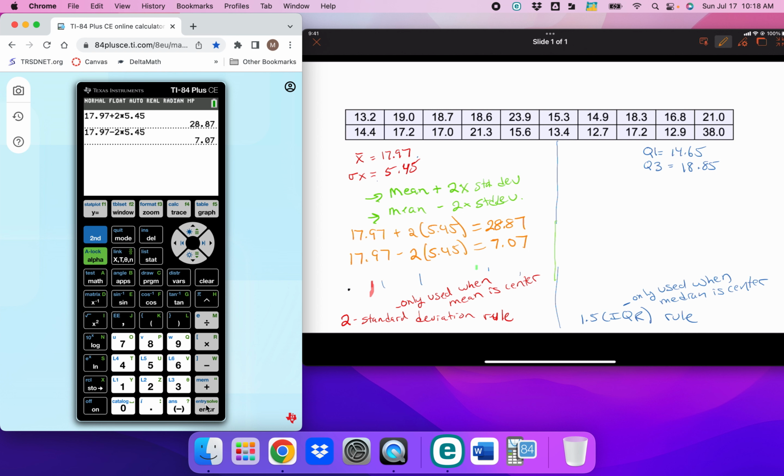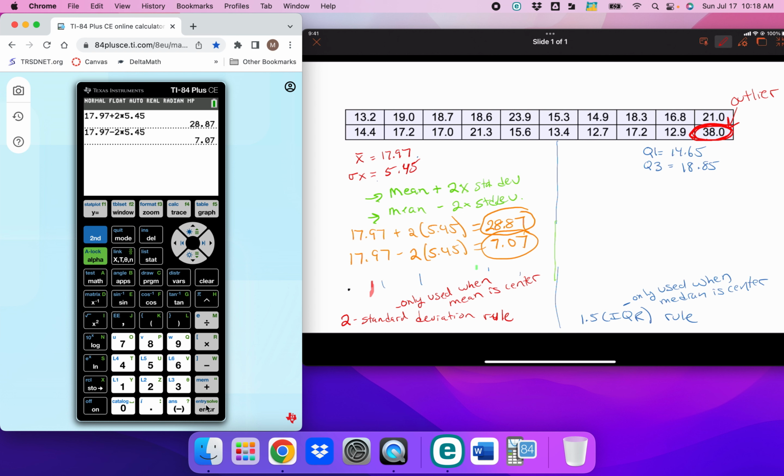So anything above 28.87 is an outlier. Anything below 7.07 is an outlier. Therefore, if we look up at our data set here, we do not have any values lower than 7.07. But I do have this value here, this 38. That right there is an outlier, because it is more than 2 standard deviations away from the mean.